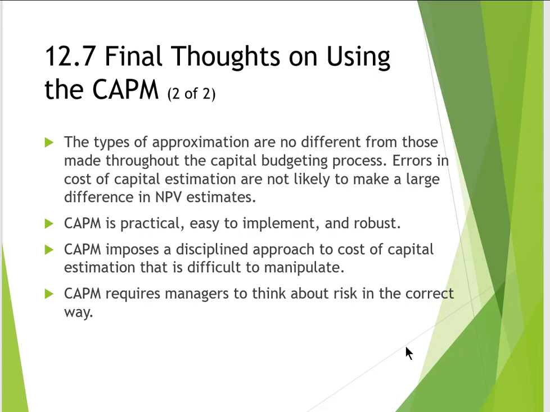So there are some limitations, but that's what business is all about. It's all about understanding that there's uncertainty and then giving yourself maybe some ranges of numbers so that you can incorporate ranges of potential outcomes.